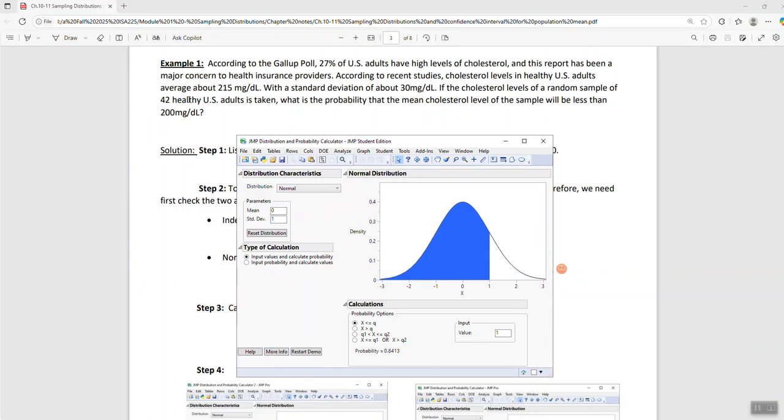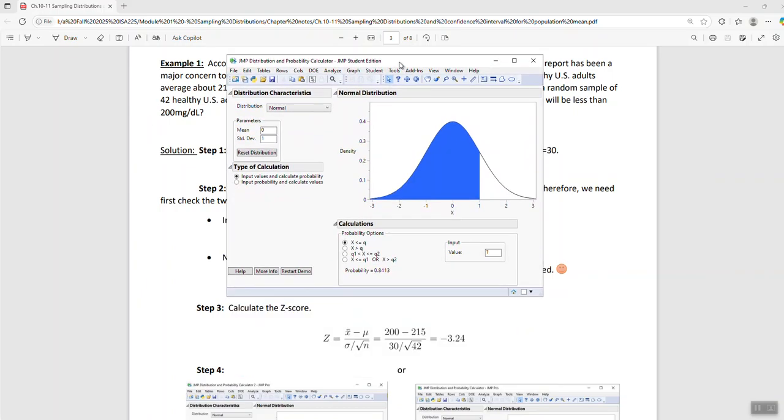We have already converted this 200 to a z value, which is negative 3.24. Right here, you need to choose what kind of probability you are looking for. The first option is called x less than q, where the q is the value you input here.